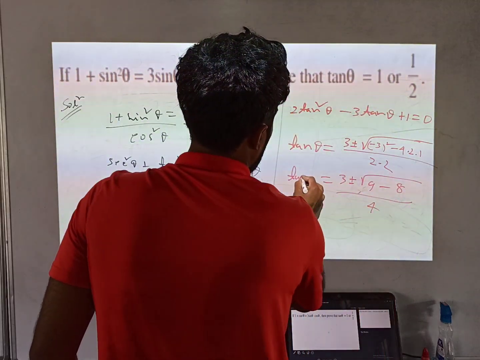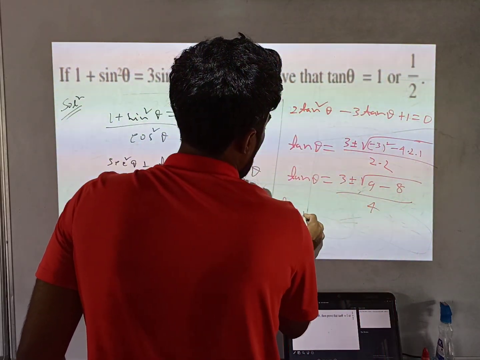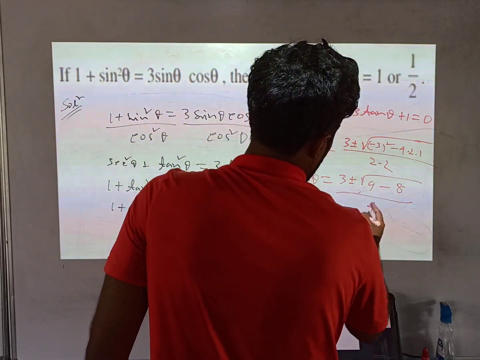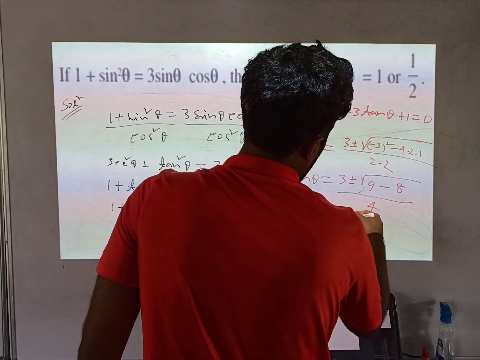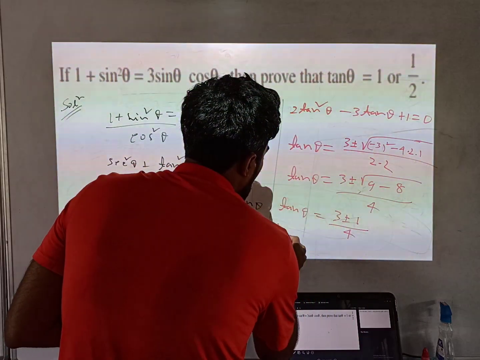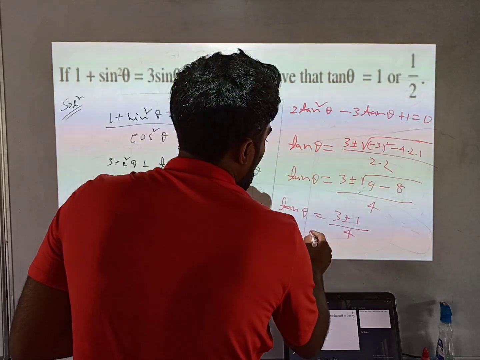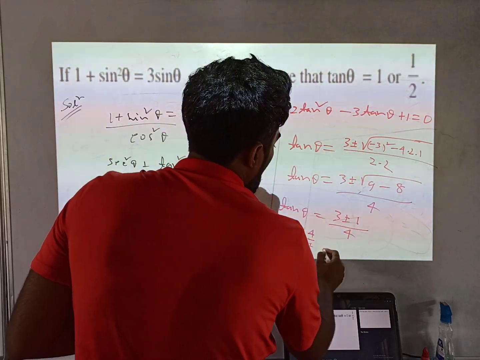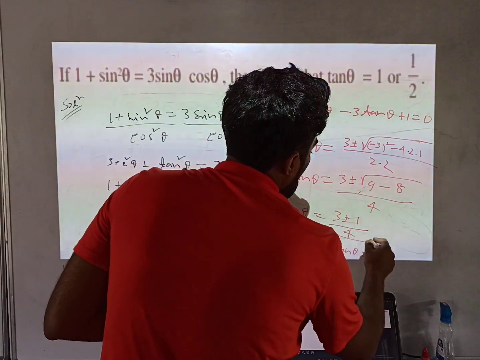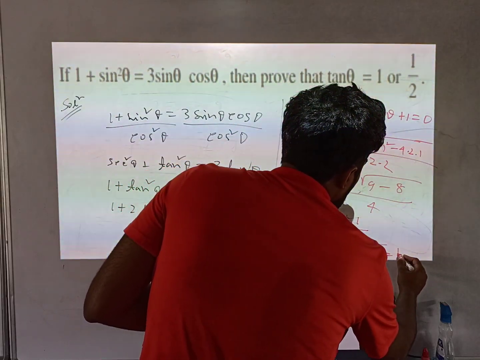So tan theta equals 3 plus minus, 9 minus 8, that is 1. So under root 1 is 1, divided by 4. So tan theta, when I consider plus, what do I get? 3 plus 1 is 4 by 4. When I consider minus, tan theta equals 3 minus 1, that is 2 by 4, that is half.